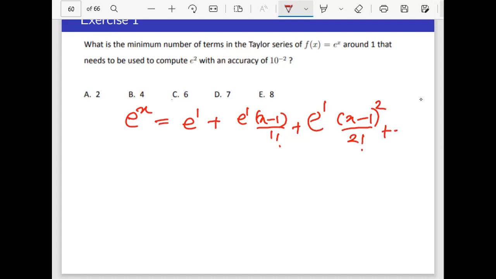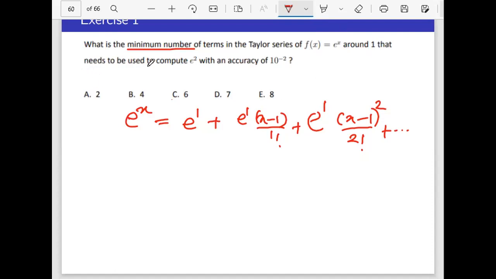This goes on to infinity. So what is the question? What is the minimum number of terms of this power series, the Taylor series of e to the x around 1? There are infinitely many terms.